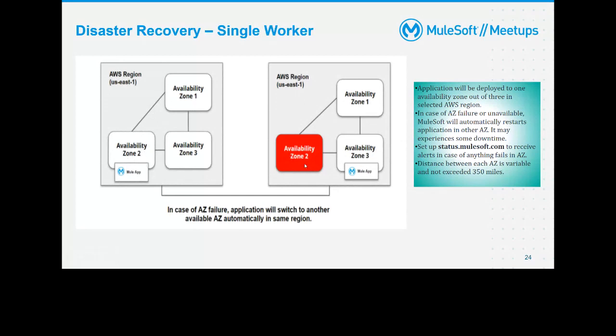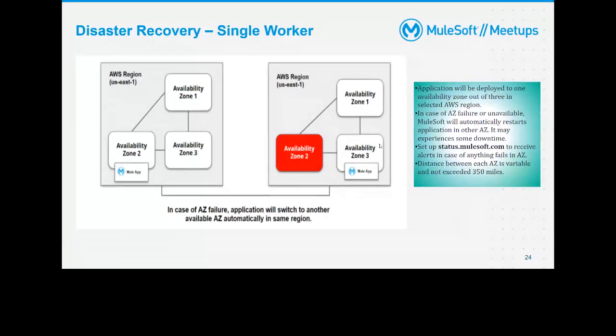In that case, MuleSoft will automatically deploy or restart that application in another availability zone, in this case zone 3. But during this process, it may require 10 to 15 minutes of downtime, because it's switching from one availability zone to another.